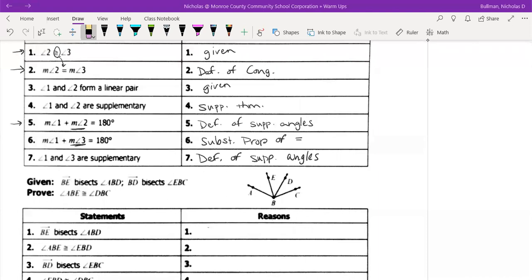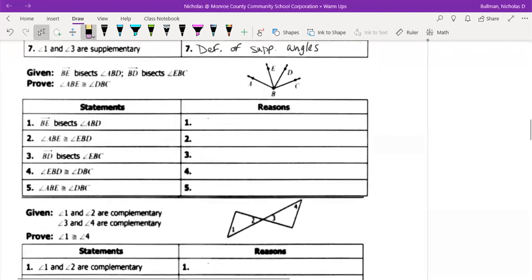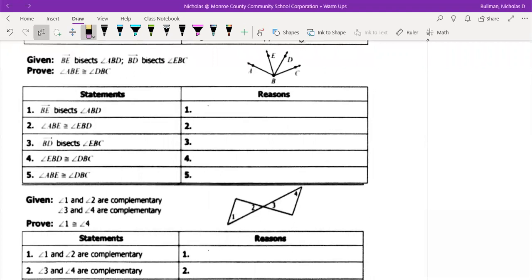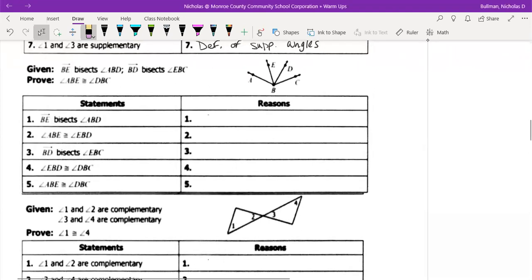Okay, if we go back to this next example here, they gave us that BE bisects angle ABD and that BD bisects angle EBC. They want us to prove that angle ABE is congruent to angle DBC. So they want to know that these two angles are congruent. First things first, ray BE bisects angle ABD.